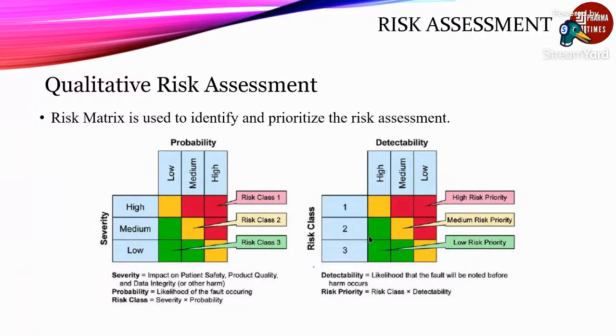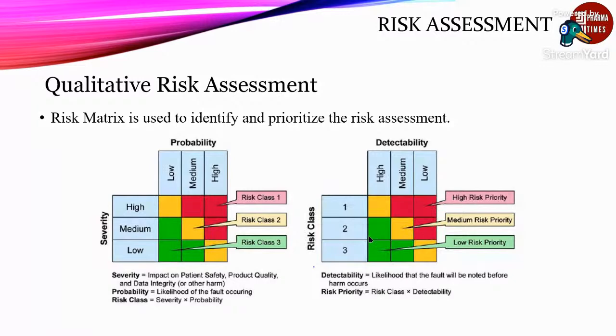Then again the multiplication of that risk class, which is written on the right side of that picture, where detectability is the likelihood that the fault will be noted before harm occurs, and the risk priority is the multiplication of that risk class with the detectability. So by this, qualitative risk assessment is defined.